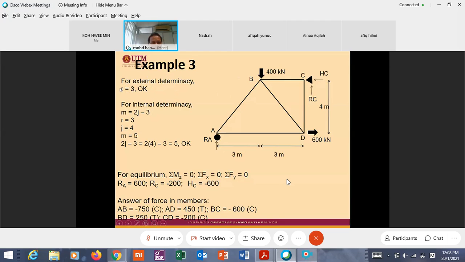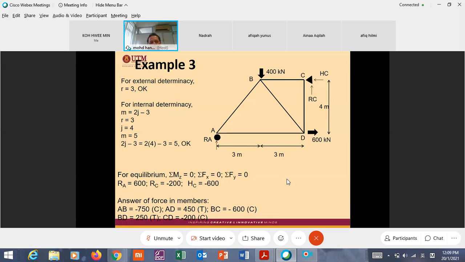If the reaction is more than 3, like 4, 5, or 6, then it is indeterminate externally, which means we cannot calculate the reactions, because the number of equilibrium equations for a rigid body is 3: summation Fx equal to 0, summation Fy equal to 0, summation M equal to 0.